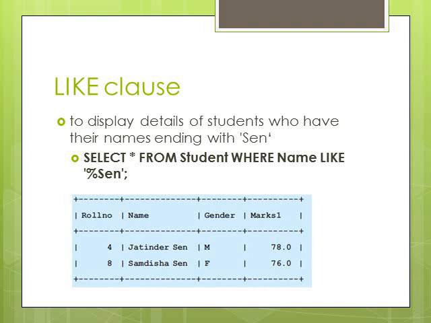Here the percent wildcard has been used because percent can substitute any number of characters. So the fixed characters are SEN at the end, but before SEN any number of any characters can be there. From the output you can see only two records have been extracted, whose names are Jatinder Sen and Samdisha Sen.